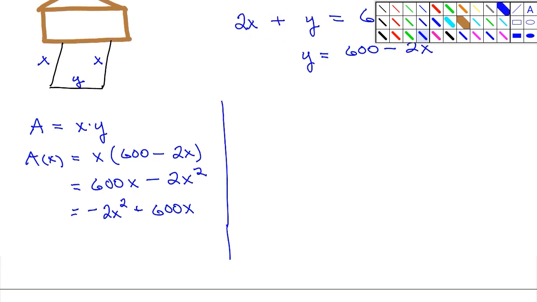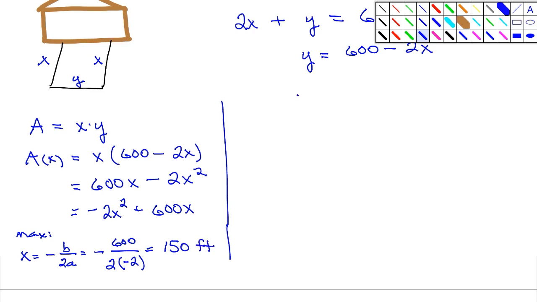And we want to find the max. So the max occurs when x is equal to negative b over 2a, which is going to be negative 600 over 2 times negative 2. Well, that's 150 again. That's no problem.